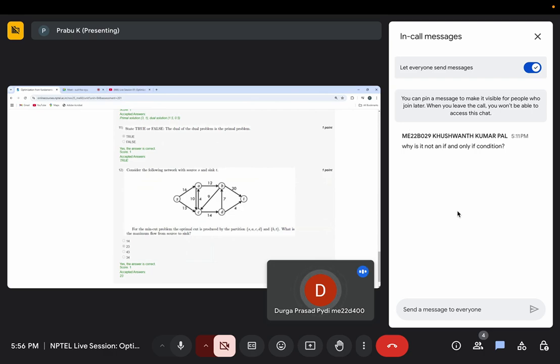And your partitions are S, A, C, D, and B and T. And you need to find the maximum flow.